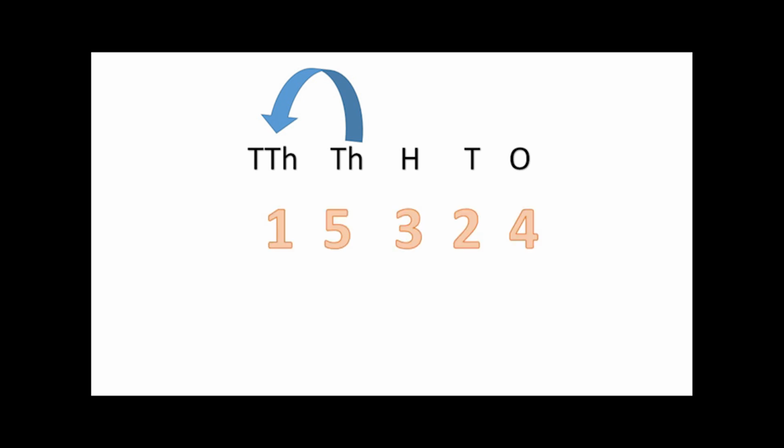Now I have this 5-digit number. I can't read this number as 1, 5, 3, 2, 4. So how do I read this number? Or how can we write a 5-digit number in words? Or what is the number name of this number?